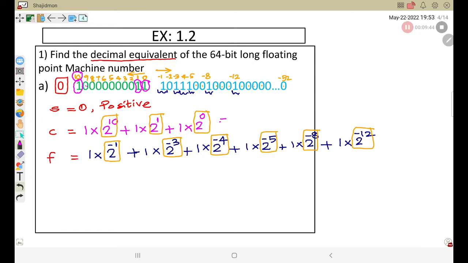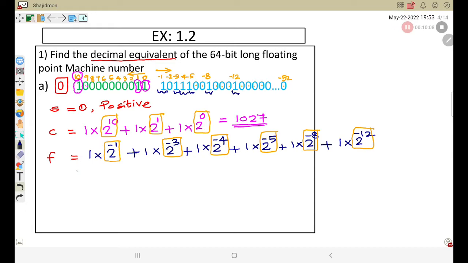So first the characteristic part we are calculating by using the calculator. Okay, you will get 1027. That is the decimal number representing that 11-bit part. Okay. Now same way the fractional part we are changing into decimal. So we can check by calculator.